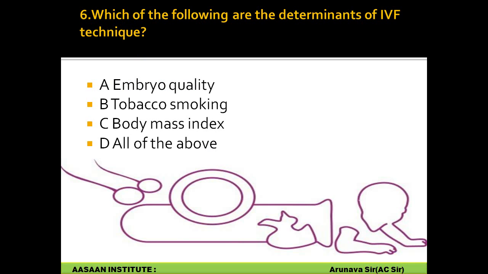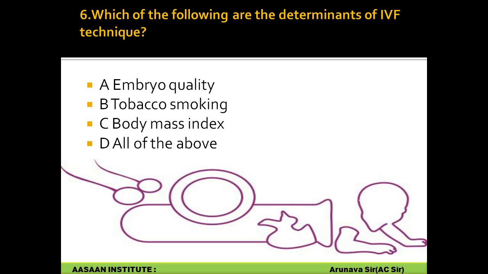In question number 6, which of the following are the determinants of the IVF technique? That means whether the in vitro fertilization technique is successful or not depends on different things, but most important is the embryo quality. If the embryo quality is not good, then it does not implant or does not result in a baby. Another problem is tobacco smoking.